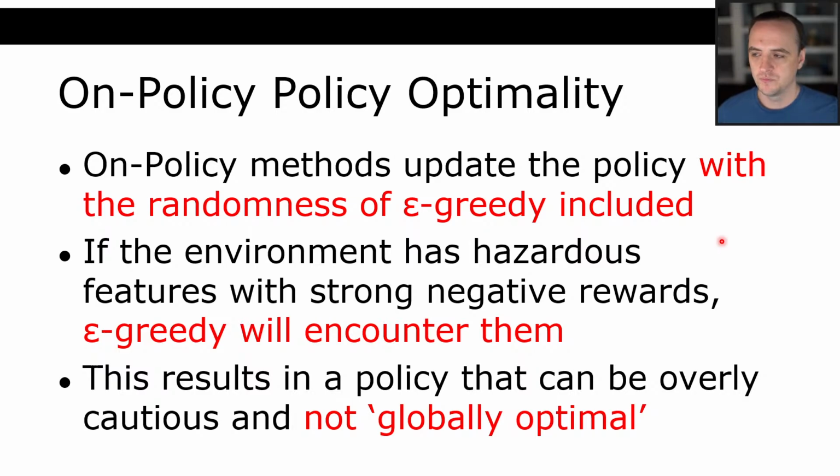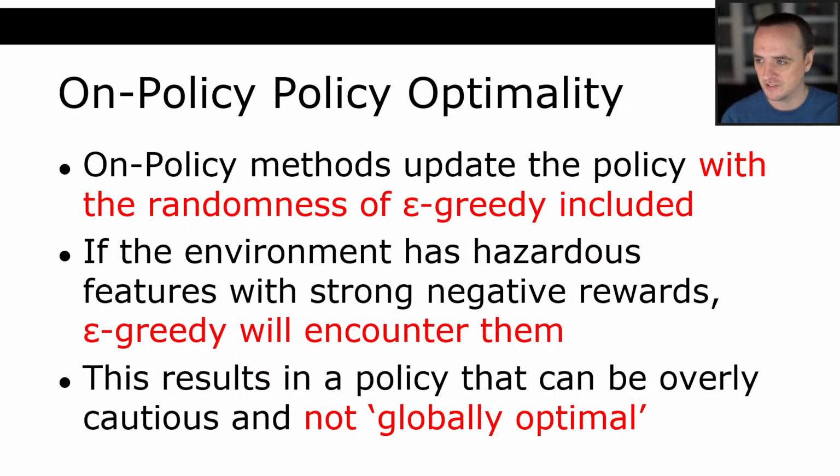If someone told you that in real life, as you're walking around, you have like a 1% chance that every step you take is going to be in a random direction, you'd probably change your policy, right? Because if you have a random chance of turning right, you're probably not going to be walking very close to the street, for example, or very close to a cliff.